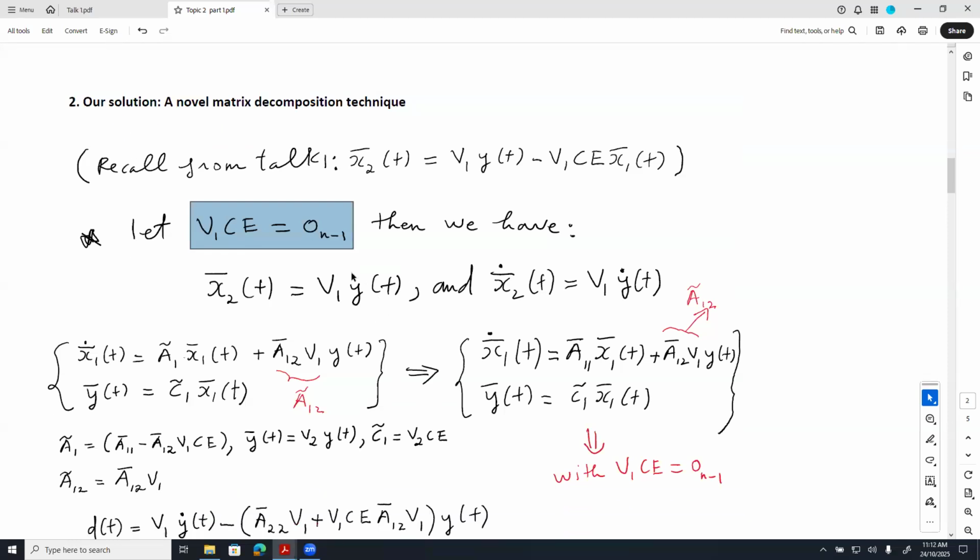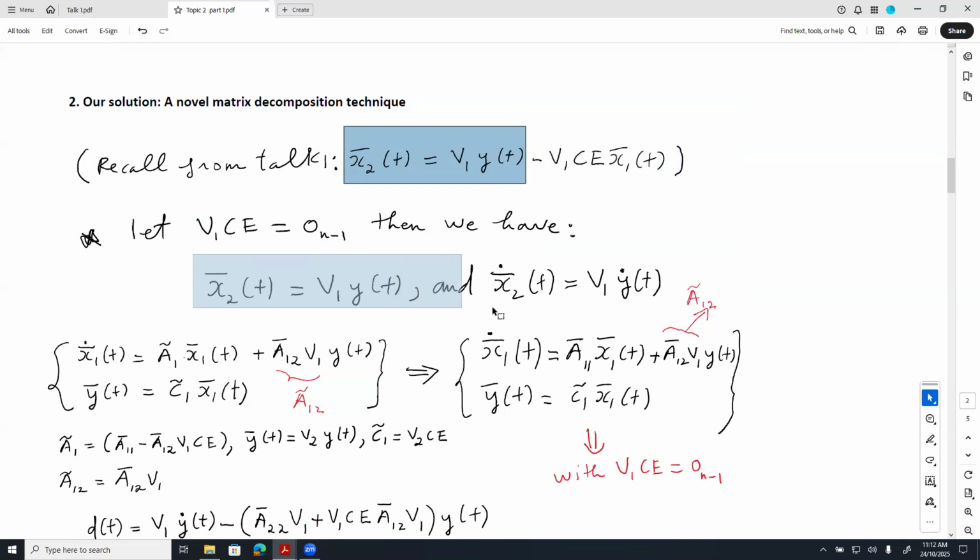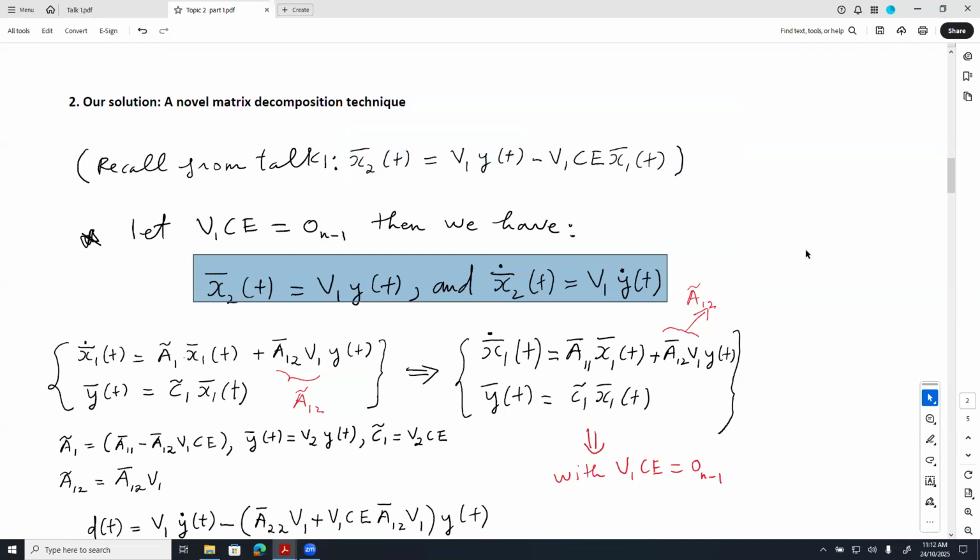Now, accordingly, if this matrix is 0, then you can see clearly that we can write x bar 2 of t in terms of V1 y of t. And we can certainly obtain the derivative of x bar 2 of t.